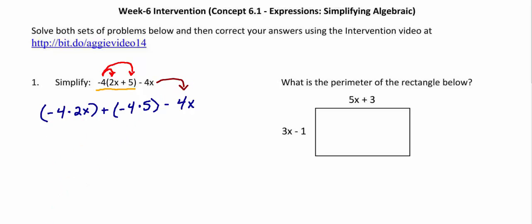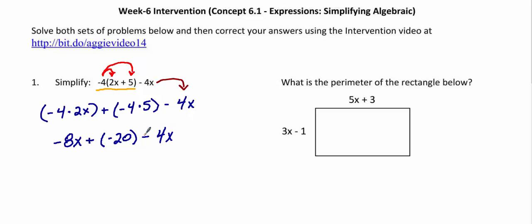Negative 4 times 2x, negative 4 times 2, negative 8x, plus negative 4 times 5 is negative 20, minus 4x. You can leave that as minus 4x if you want to.